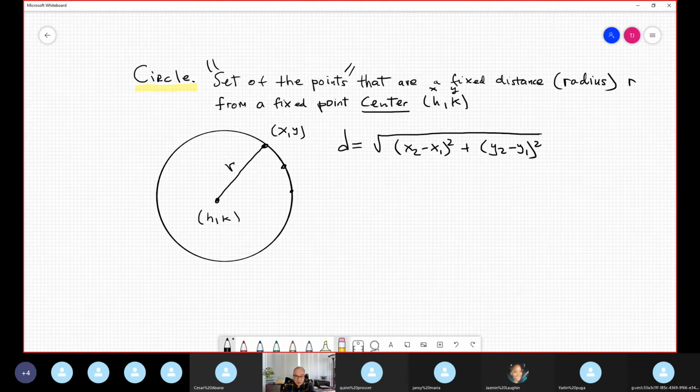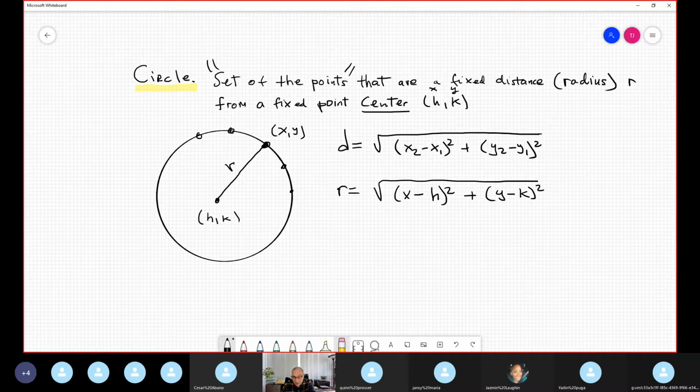And the distance in this case, r, is the radius. So I suppose that (x2, y2) is a completely arbitrary point on the circle, denoted in general (x, y). Then x minus the x component of the center, which is h, squared, plus y minus k squared.